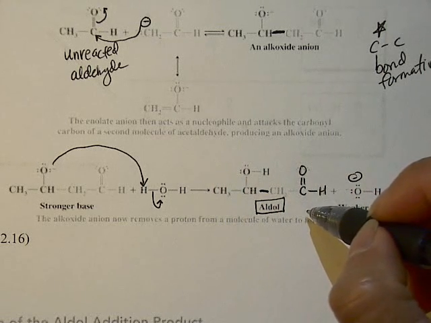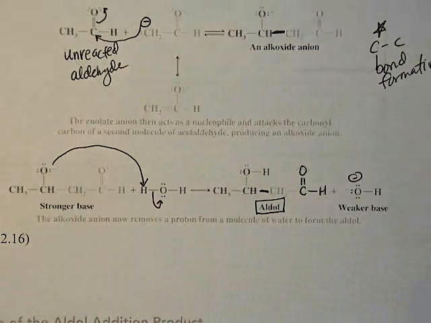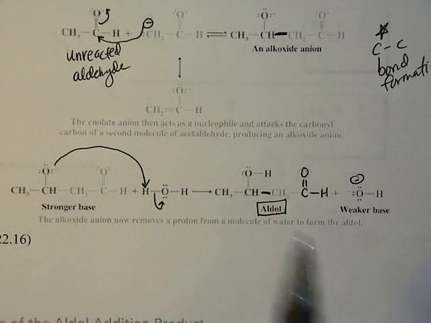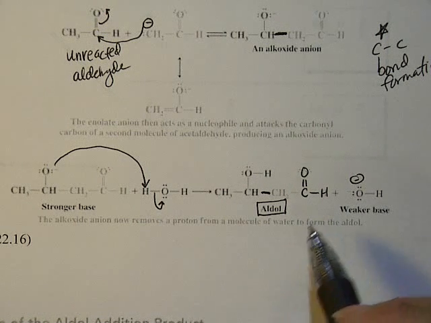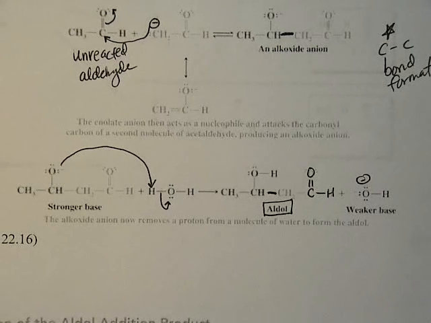And this actually occurs a lot more readily for aldehydes, but for ketones, the equilibrium for this reaction lies to the left. In other words, there's a lot more of the starting material present when you start with a ketone than product. But for aldehydes, this happens readily, and this aldol product is the final product if you keep it at this temperature.